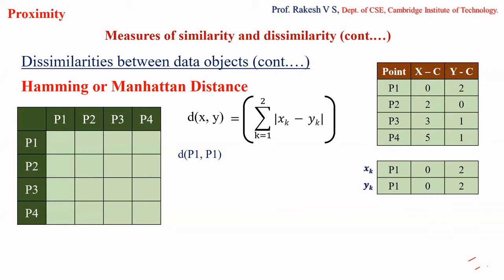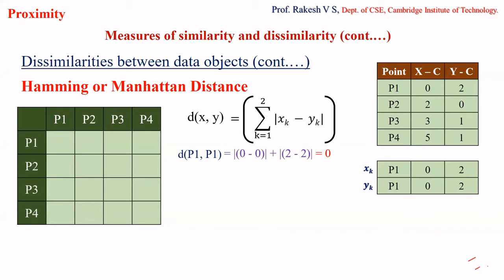Here the x coordinate and y coordinate are not your attributes. When I say attributes here, it is the values of the points that you are going to consider. Here when I say xk, it is x1 and x2, so 0 is x1 and 2 is x2. And for the other P1, 0 becomes y1 and 2 becomes y2. Clear? Now I have substituted in this formula.